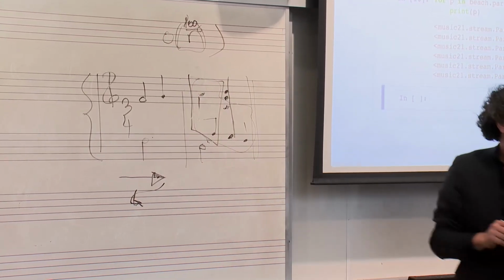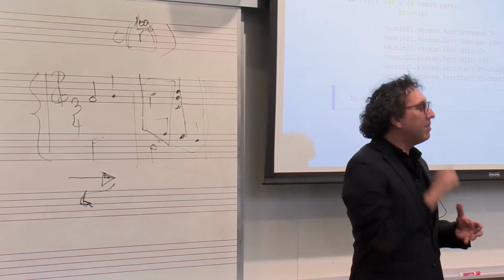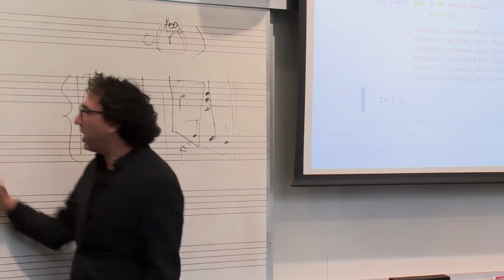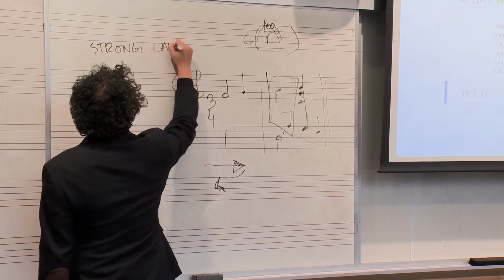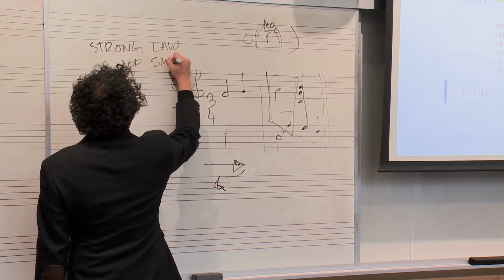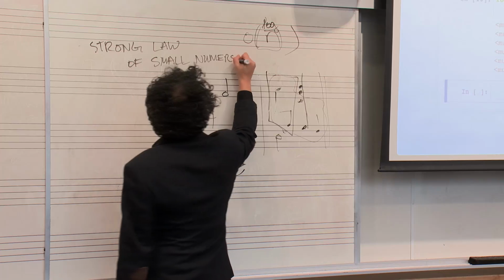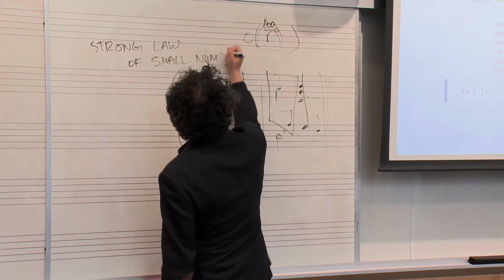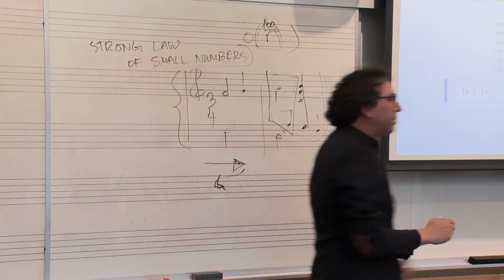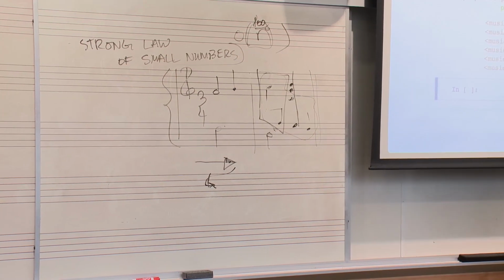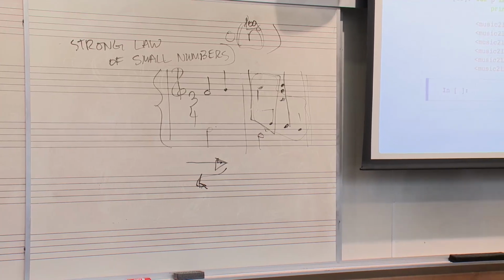Yes, Adam? You were reciting the Catalan numbers for a bit. I think I was, yes. But something we will get to later in the class, the strong law of small numbers. You can look this up somewhere. It is one of the biggest mistakes with computational work in any non-traditionally computational field like musicology.